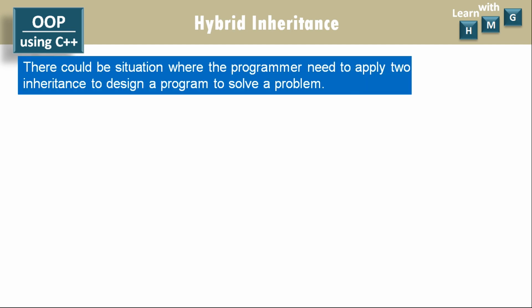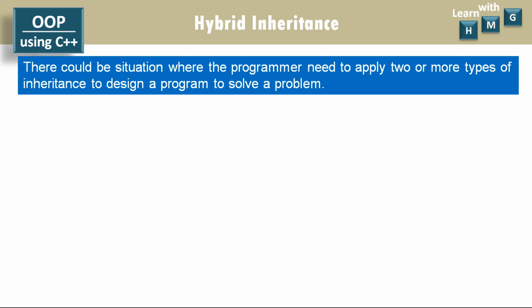So what is hybrid inheritance? Before that, why is it required? There may be a situation where a programmer needs to apply two or more types of inheritance to design a program to solve a problem. In many problems it is required to implement a combination of multiple types of inheritance, such as single, multiple, multi-level, and hierarchical inheritance in combination.